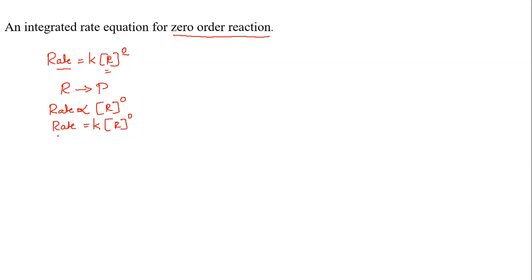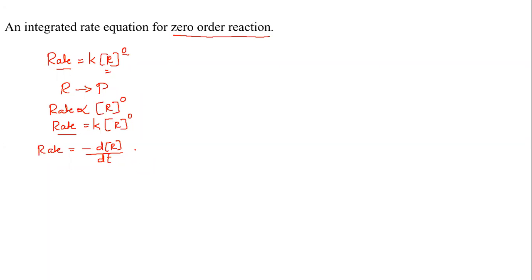Now rate can also be expressed as, I told you in yesterday's class how to express this. If we write it in terms of average rate or instantaneous rate, it can be expressed as negative dR by dt. This is instantaneous rate, because compared to average rate, instantaneous rate determination is very important and easy for us, because at every instant of time, how much reactant has been consumed and at what rate can be detected easily, compared to average rate, which will be mentioned in delta.